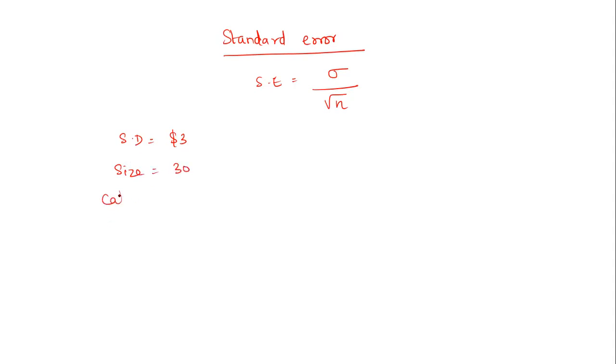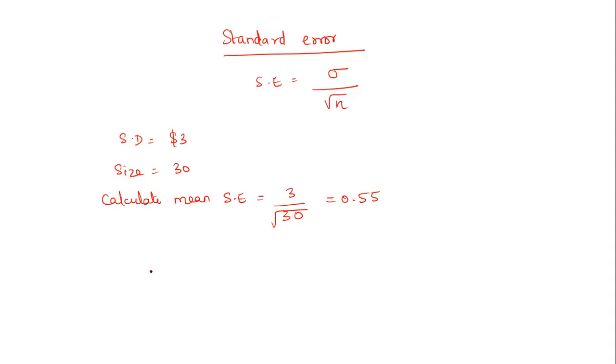Calculate the standard error. The value is very straightforward. Substitute 3 divided by root of 30. So the answer is 0.55.